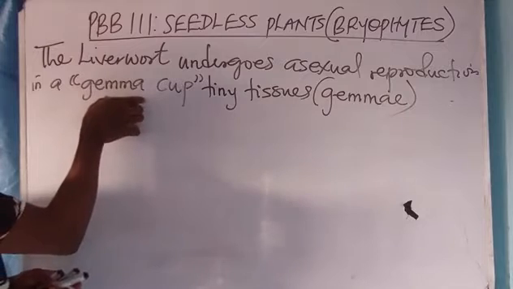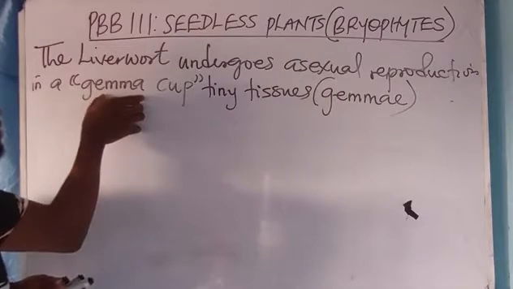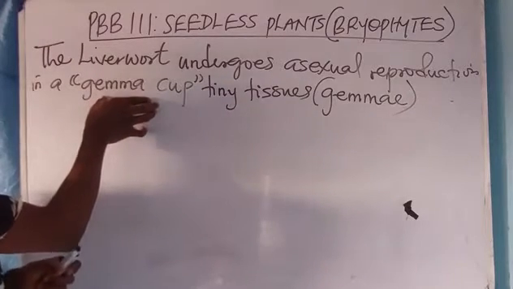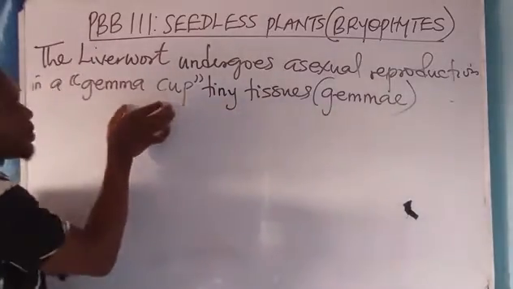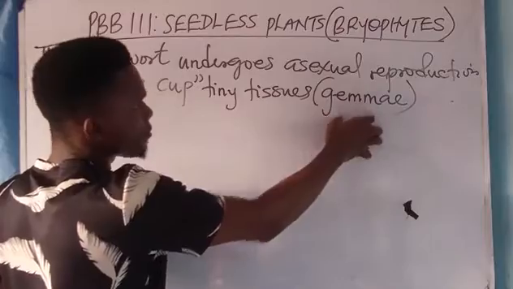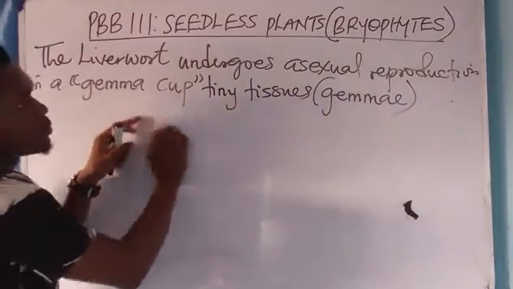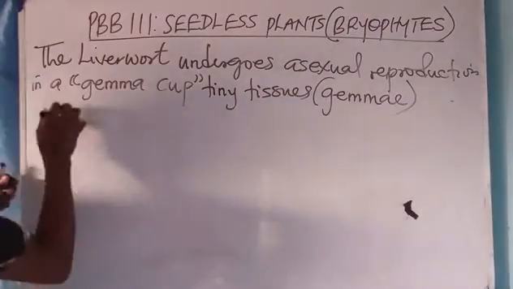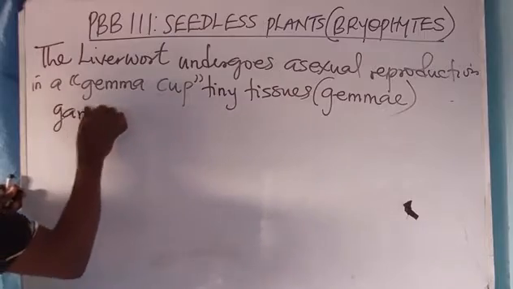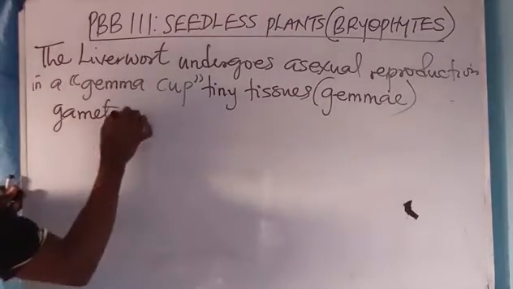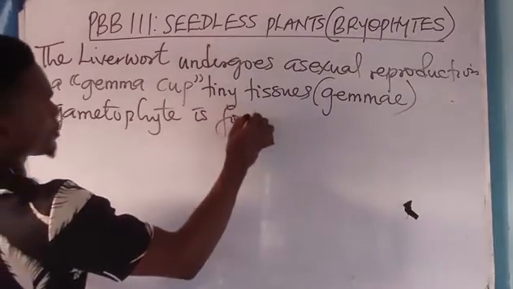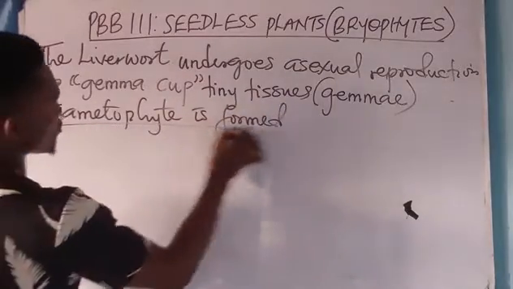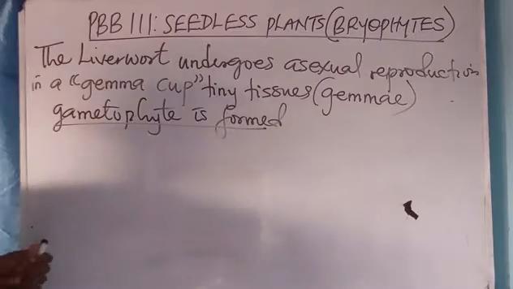If rain or dew enters this germ cup, it will dislodge the gemmae from this germ cup. As soon as they fall off from this germ cup, a new gametophyte is what? Formed. A new gametophyte is formed. So that is the kind of reproduction it undergoes.